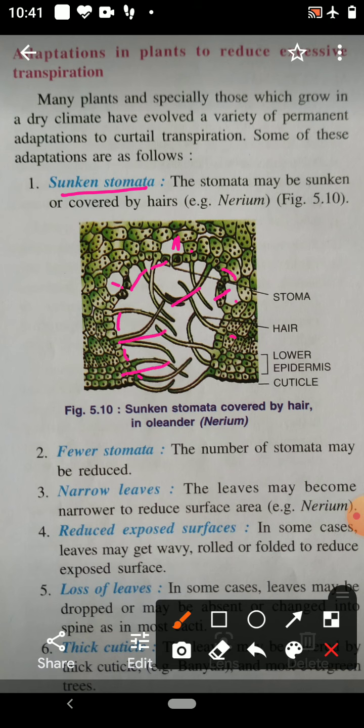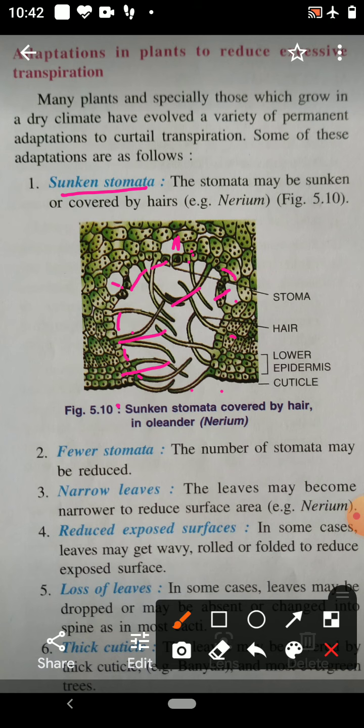So stomata may not come in direct contact with wind. Hairs are present, so direct rays of the sunlight also will not reach. So these types of adaptation will reduce the transpiration, curtail the rate of transpiration.